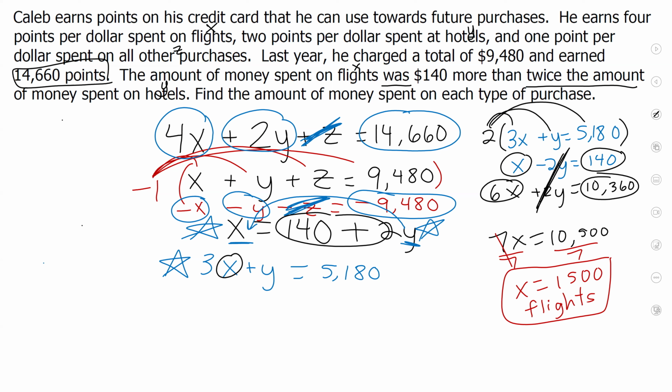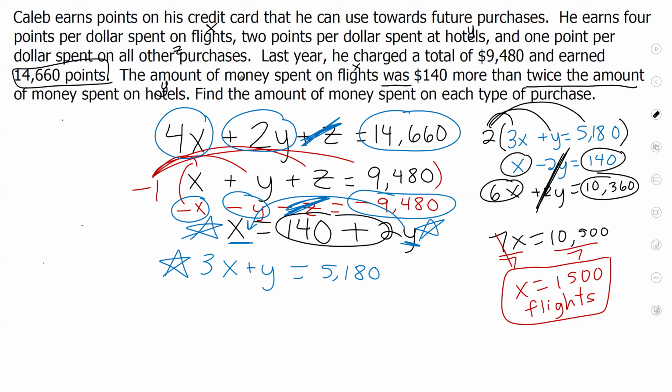How do I find Y? How much he spent on hotels? Good, let's plug it in. So guys, I'm just going to use this equation right here. I'll use this one down here.